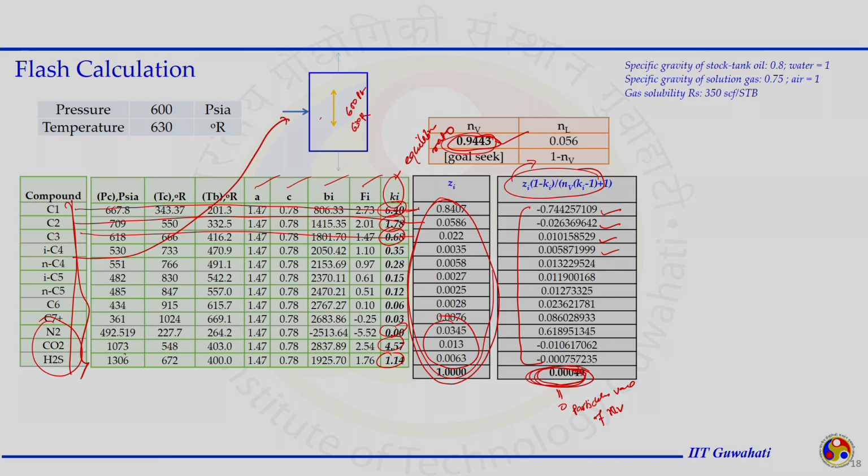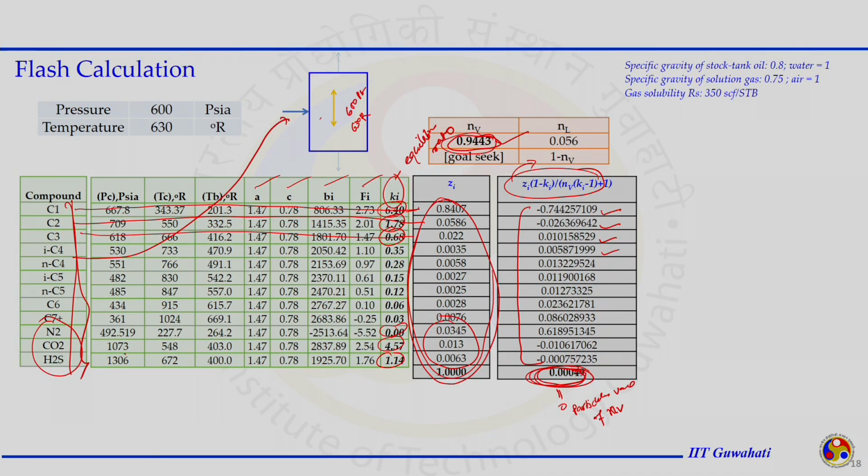So, most of the compounds present in the feed are going to be in the gaseous phase, and that should be, because the composition of the feed is mostly dominated by methane, and the temperature and pressure conditions also favor the lighter compounds going more towards the vapor phase. And 1 minus Nv will give us the value of Nl.